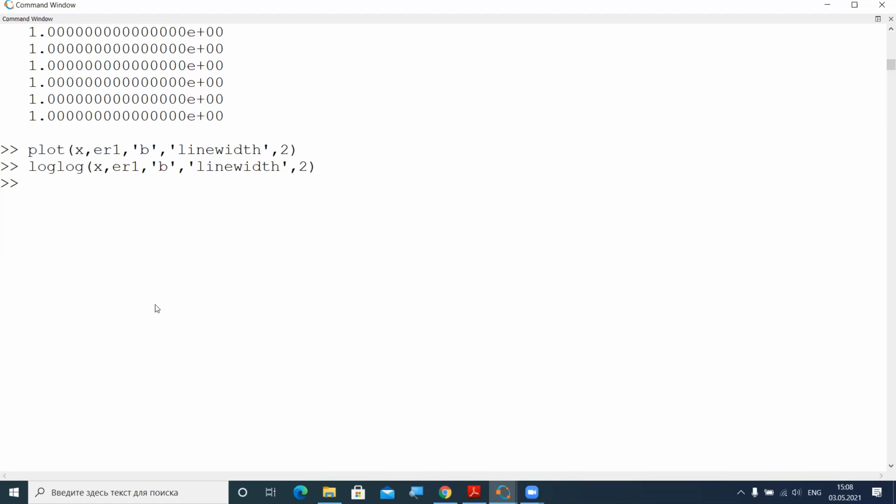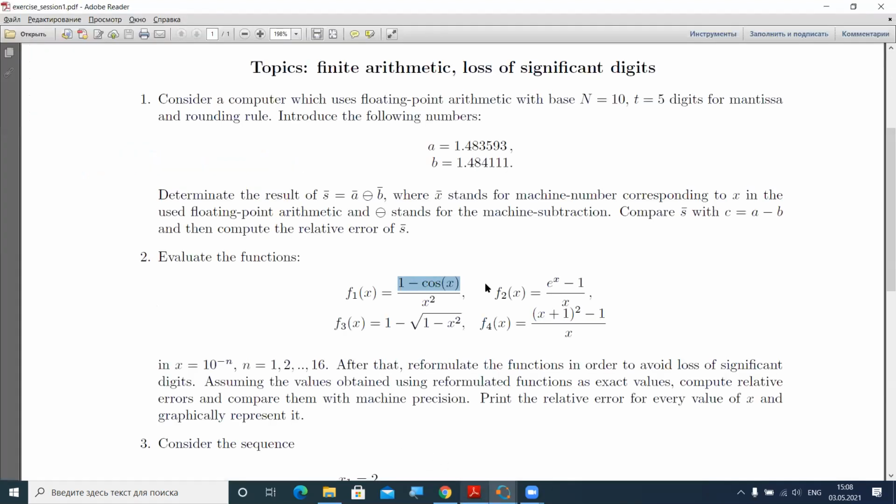Okay, now let's do the next function, f2 of x, e to the power of x minus 1 over x.